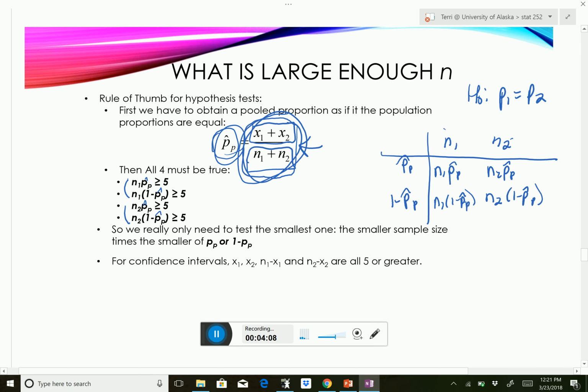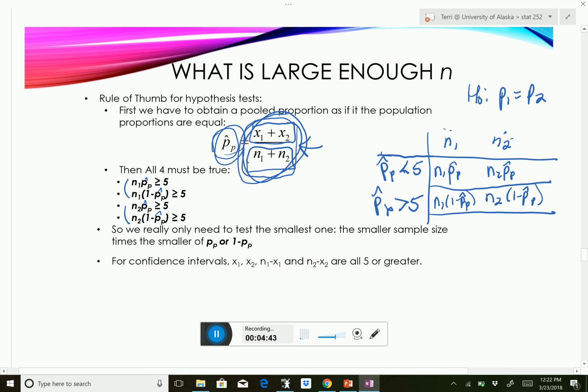One of these two is going to be smaller, so we take the smaller of these two and the smaller of these two. If P pooled hat is less than 0.5, we're going to use the one in this row. This is if P pooled hat is greater than 0.5. We use the one in this row.